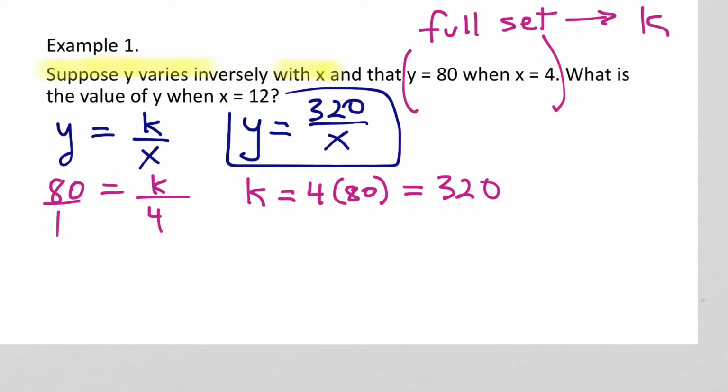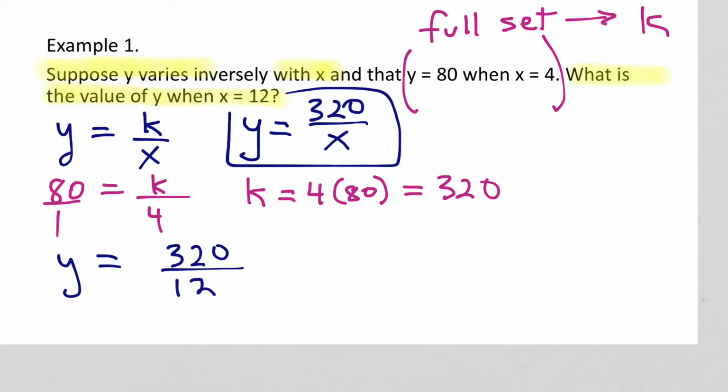All right, so we have another part of this problem that says, what is the value of y when x is 12? So we're given the x value. We want to calculate the y value. So y is equal to 320 divided by 12.